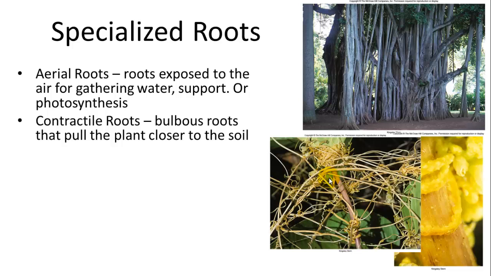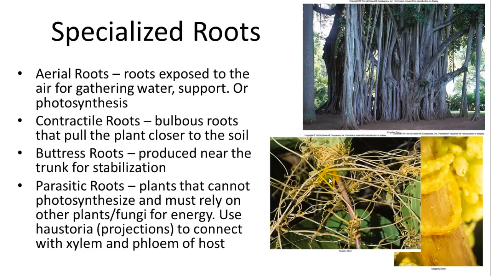You have contractile roots, which are roots that can contract and pull the plant deeper and deeper into the soil so it can access more nutrients. Buttress roots, and that's what you have an example of here, which create these vertical walls basically to stabilize the tree or plant. This is usually found where there are very shallow soils, so there's not a lot for the roots to dig into.